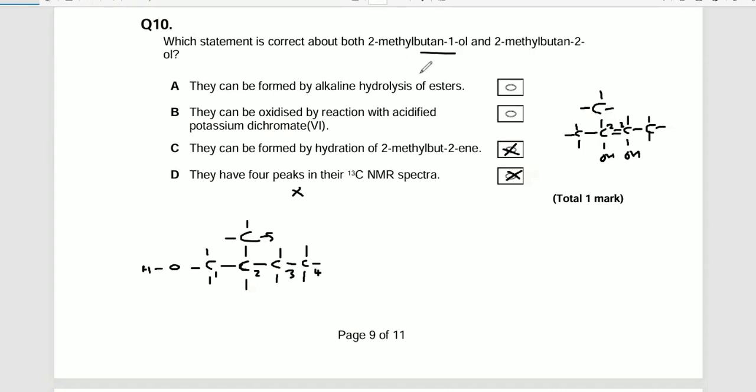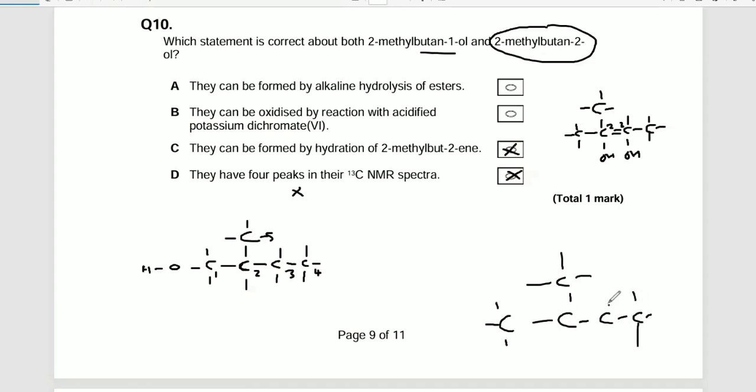Now part B, they can be oxidized by reaction with acidified potassium dichromate. Well, what do we know about this? To be oxidized, you've got to be a primary or secondary alcohol. You can't be a tertiary alcohol. Check out 2-methyl-butan-2-ol, which I've drawn here.